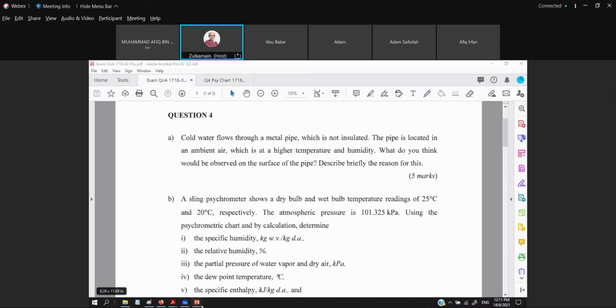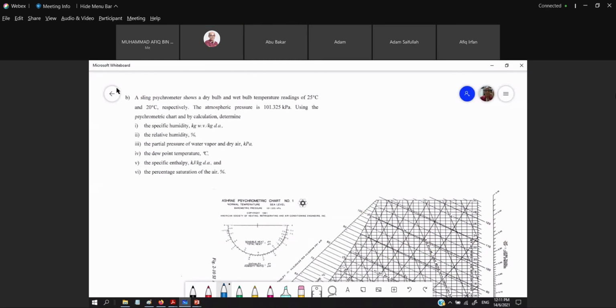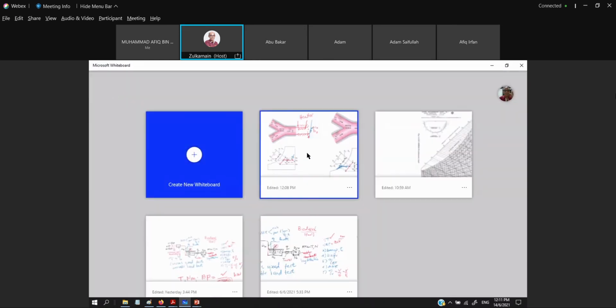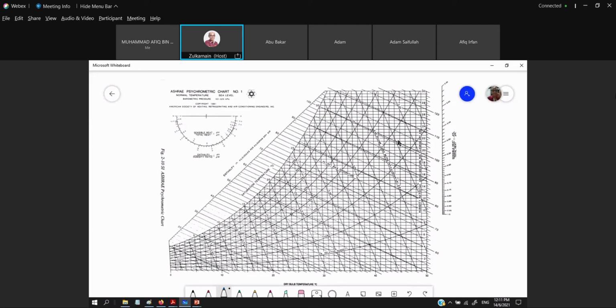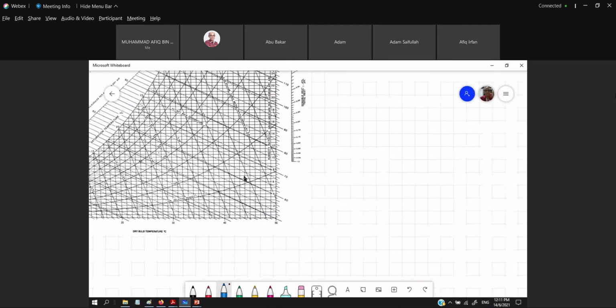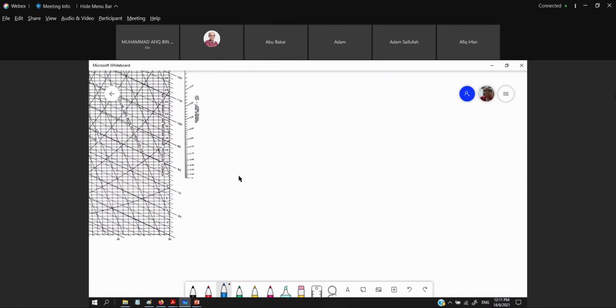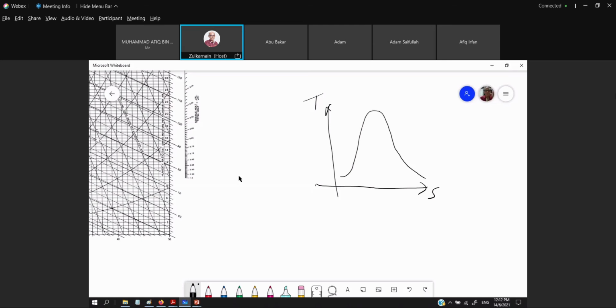This could be explained in the TS diagram. Let me sketch on the TS diagram. As we know, usually water vapor is at superheated condition.